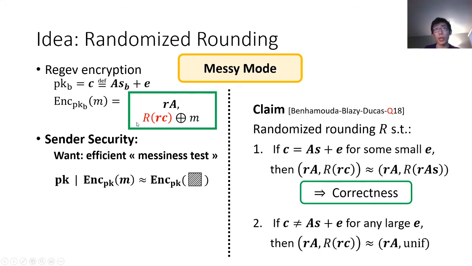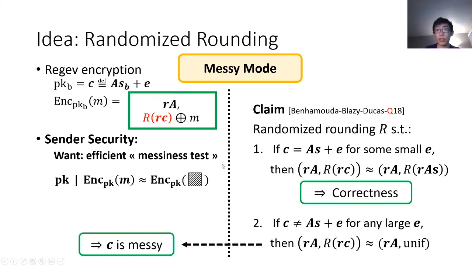Now we'll replace the mask by a rounded version of this mask. So as long as property two holds, as long as we're in this regime, the public key C is messy. The mask looks uniform, and so it completely masks the message. I didn't write that, but the indistinguishability here is set to 0.